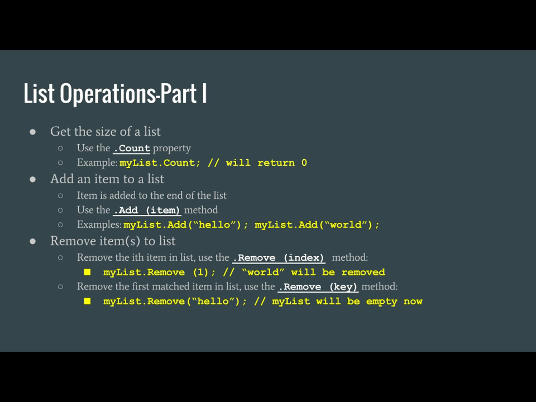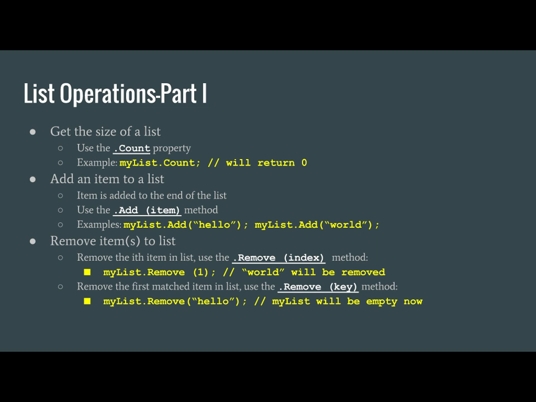We can add items to the list, which will be appended to the end of the list. The method we're going to use is the .Add method. For example, my list is a list of strings, so I can only add a string to it. In this case, I add a hello string to this list.